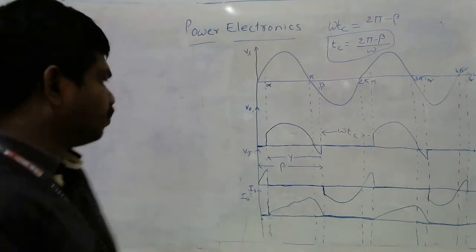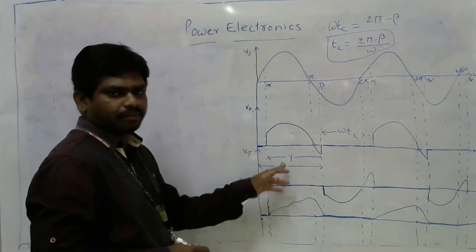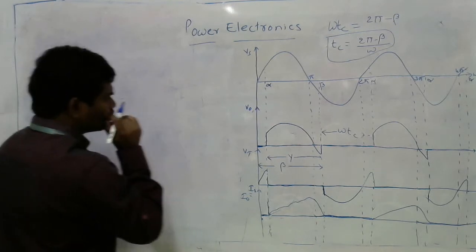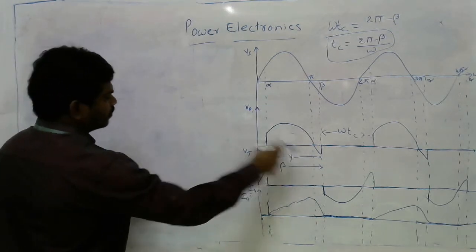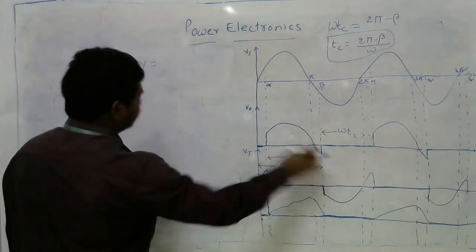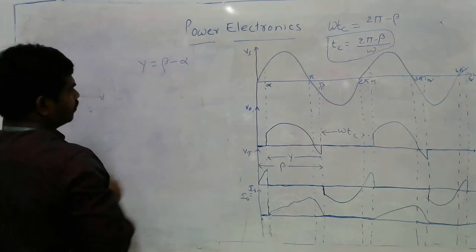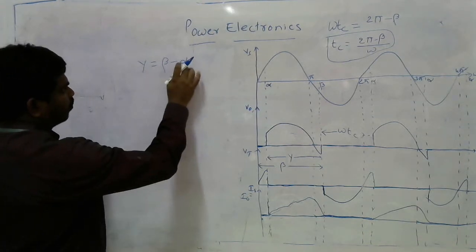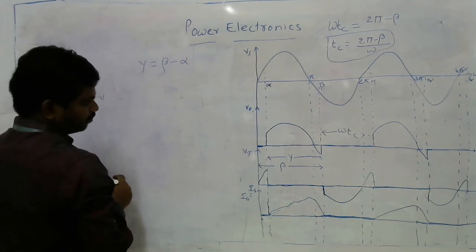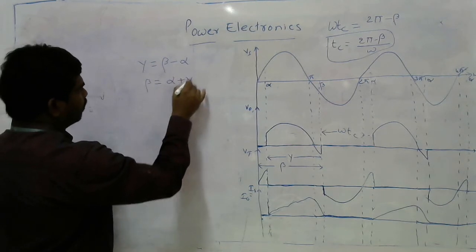See here, one more thing that we have to discuss is the relation between alpha, beta, gamma. I am taking this gamma. Gamma is nothing but upper limit beta, lower limit alpha. Very simple. Then beta is nothing but alpha plus gamma.